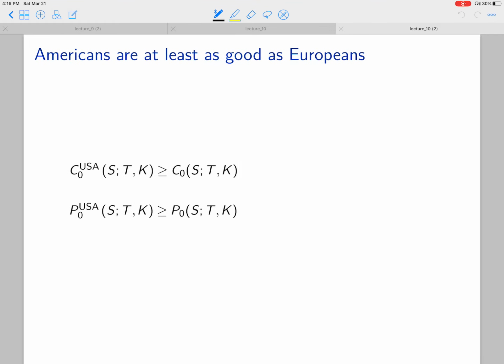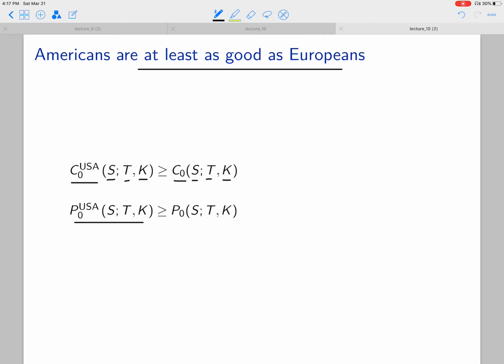The first fact is that American options are worth at least as much as European options. The price of an American call, which we denote C0 USA, on a stock S with a strike of K and a maturity T, is at least as large as the price of an otherwise identical European call, which we will not superscript with USA, on stock S, maturity T, and strike K. So for an otherwise identical European and American call, the American call option's price must be at least as large as the European call option's.